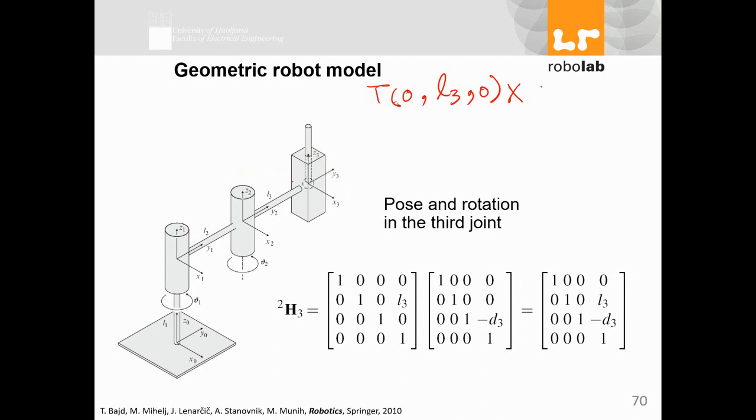Here it would be another translation, because this joint doesn't rotate. This joint only moves up and down. So it will be a translation. Actually, how do you define that? It will be translation 0, 0 and D3, or as defined here, because it's going down, negative D3. So here I have translation times translation for this joint.